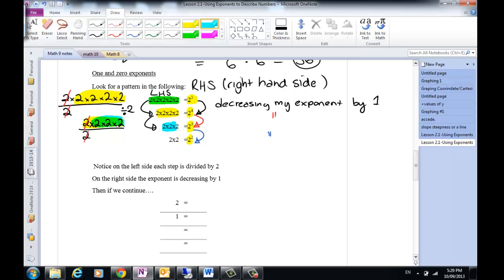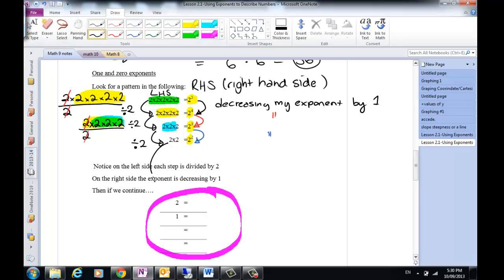So again, all I'm doing is dividing by 2. To get to the next one, again, I'm dividing by 2. If I'm going from 2 times 2 to 2, notice again I'm going to divide by 2. And to get to the next one, from 2 to the next one, I'm going to divide by 2. So 2 divided by 2 is equal to 1.